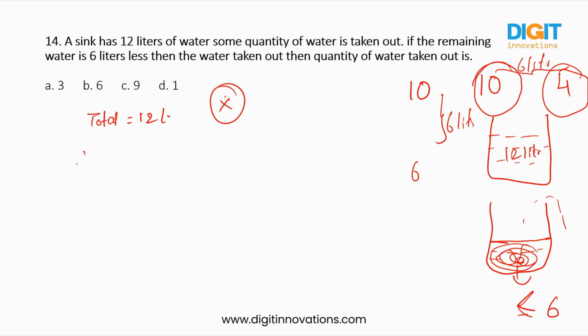So in the given condition, observe carefully, the remaining water is 6 liters less than the water taken out. So that means the water taken out x is 6 more than the remaining water. From the equation, you already know the remaining water is 12 minus x.